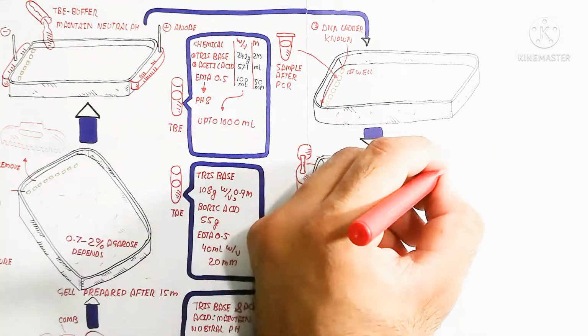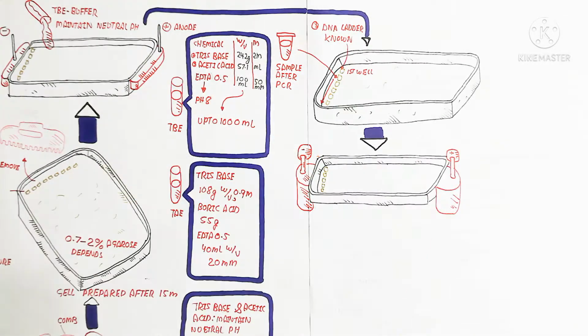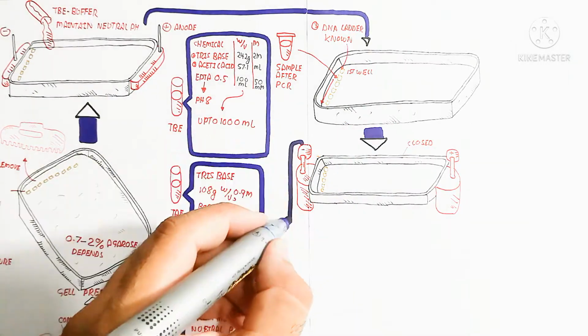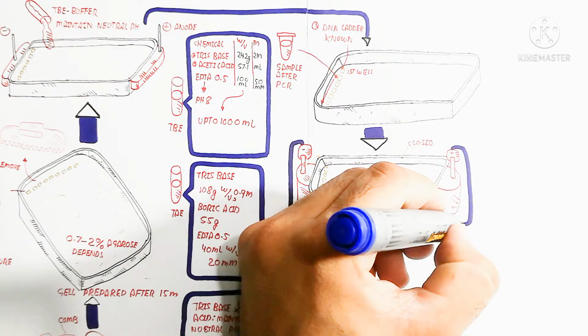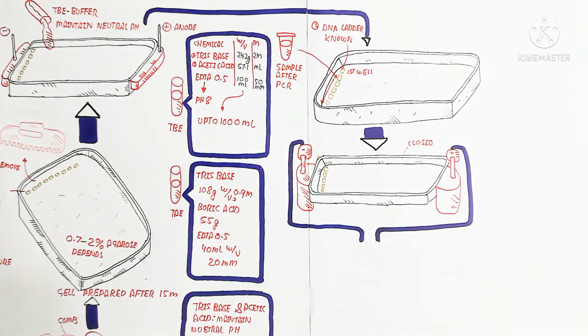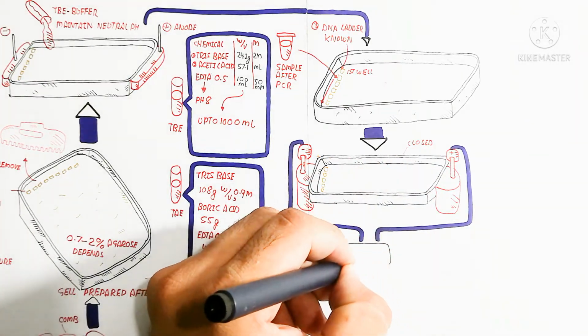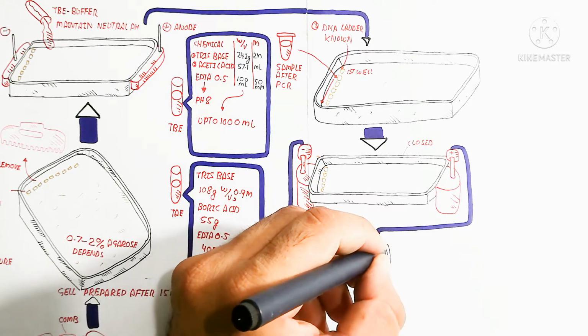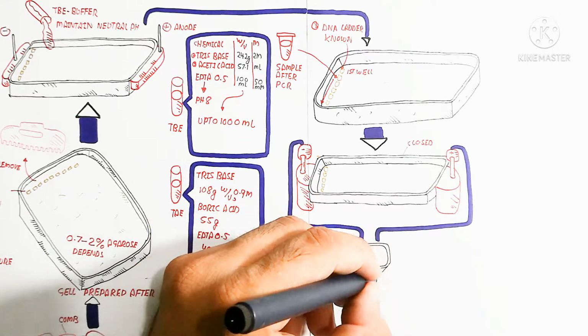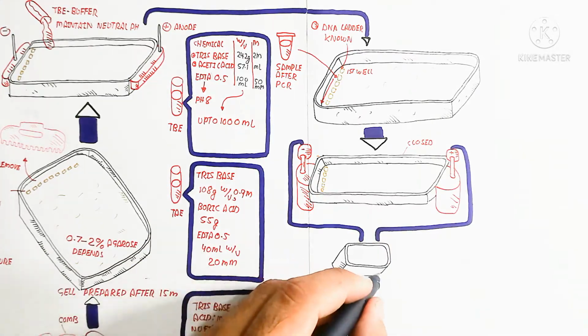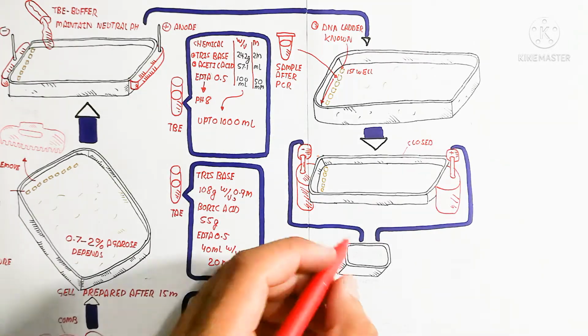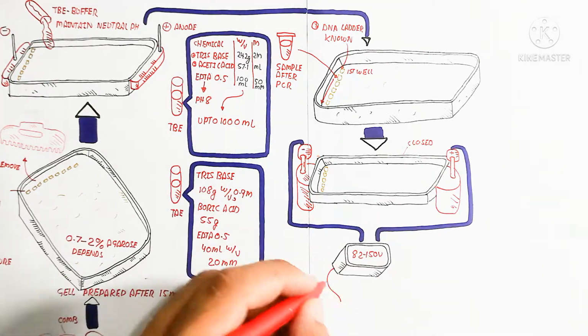While the sample after PCR is the sample of the criminal, which we are putting in the second well, while the third well is a different criminal or suspected person. So basically we are pouring the sample of the suspected person, and after this we are giving the electricity.